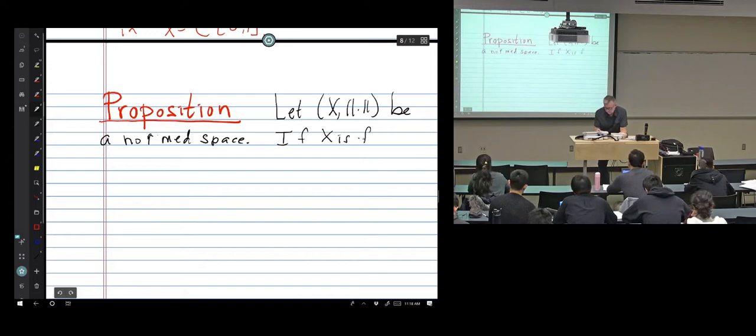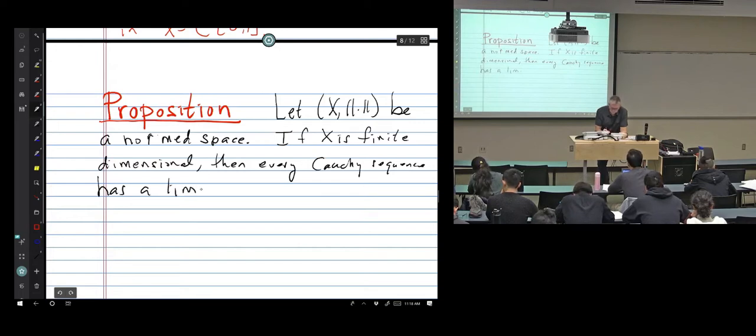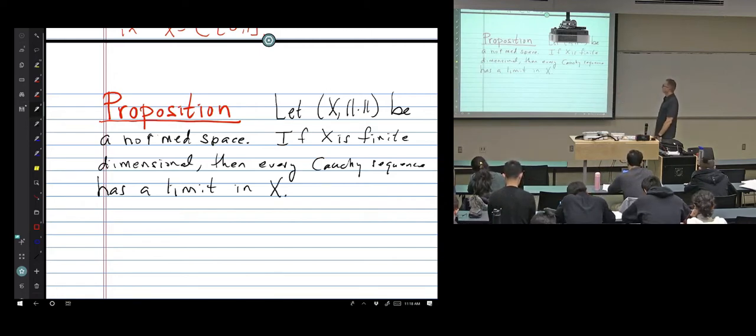If X is finite dimensional, then every Cauchy sequence has a limit in X. So the set of convergent sequences and the set of Cauchy sequences are exactly the same thing.